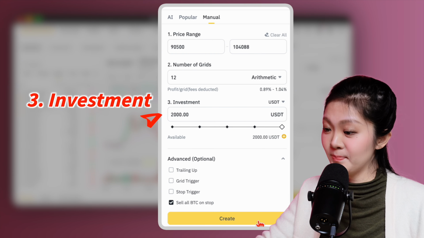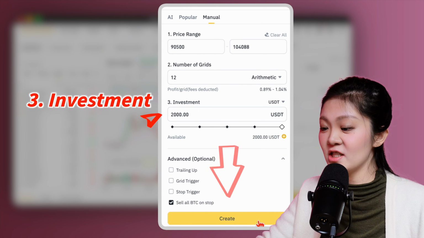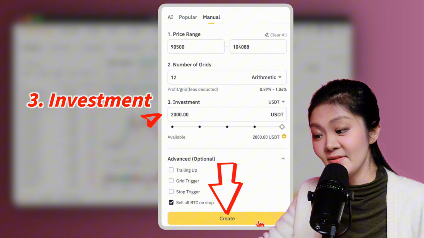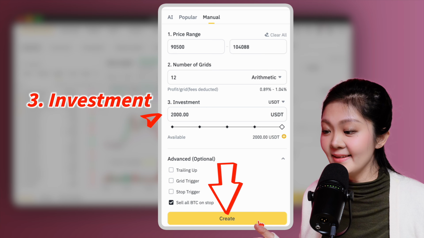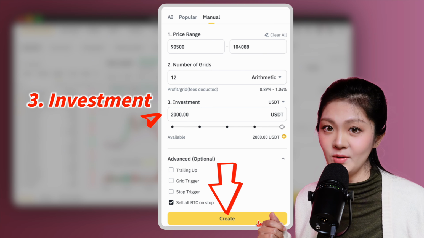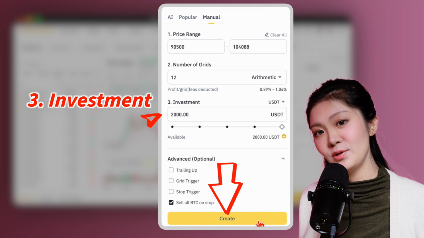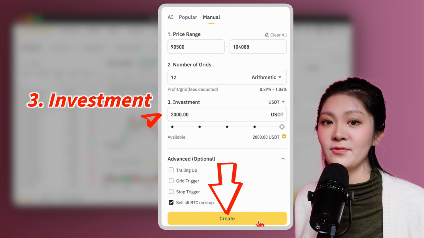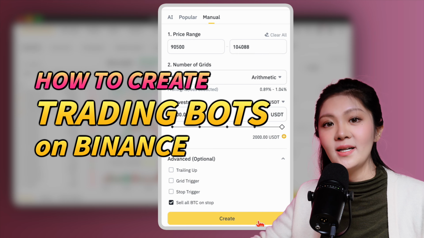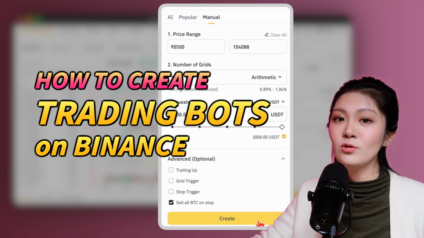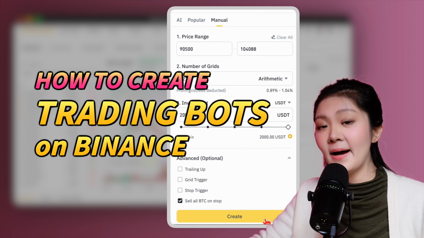Once all these 3 parameters are set, we can just click Create to activate this bot. And then the bot will automatically trade within the range we set, capturing profits as the price moves, and it's 24/7. So that's a simple demonstration of how to create a trading bot on Binance.